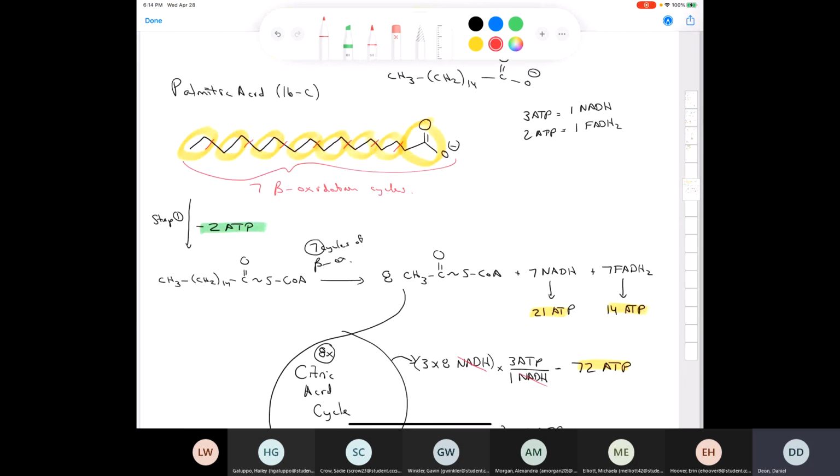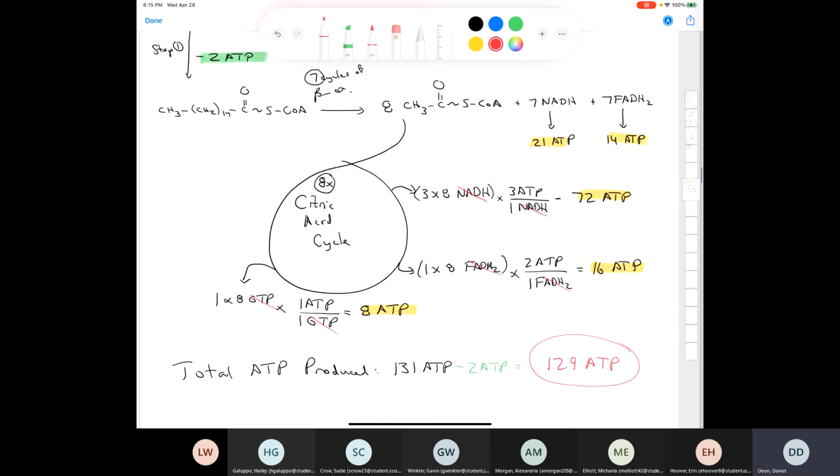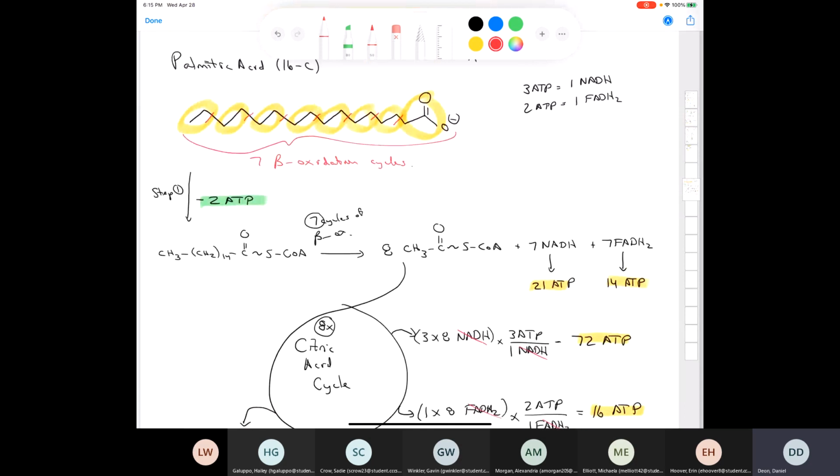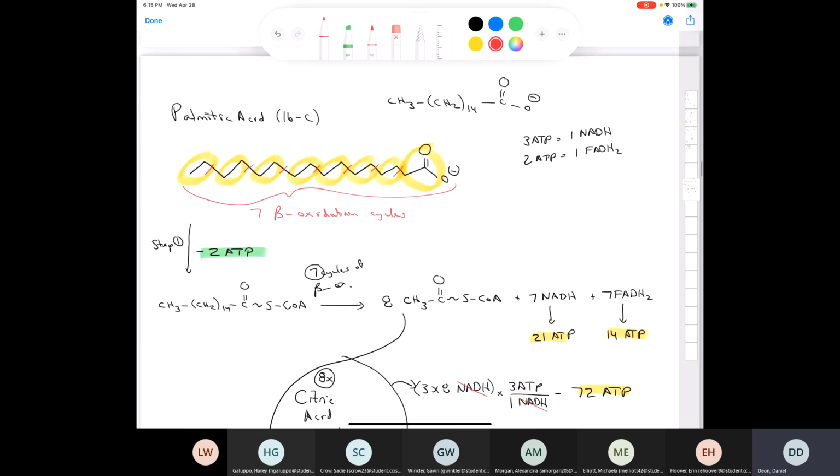Again, the major take-home messages: I'm not going to ask you to add up 150 ATPs. I'm not concerned about that. What Mr. Dion wants you to understand are two major points, okay? Number one, you count up the total number of carbons in your fatty acid. Here we had a total of 16 carbons. 16 carbons does not mean 8 beta oxidation cycles.